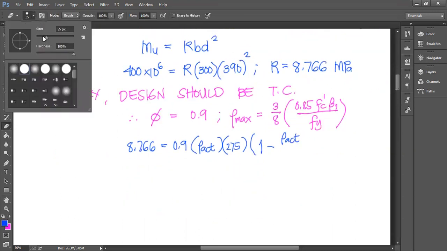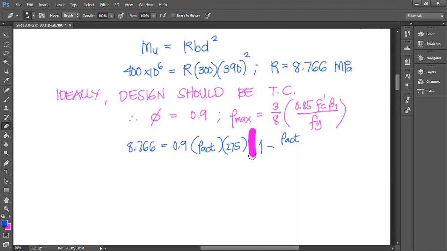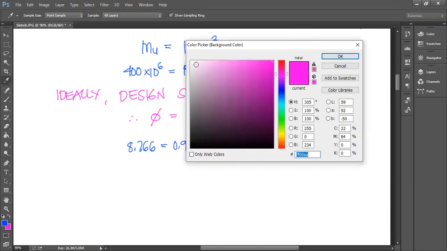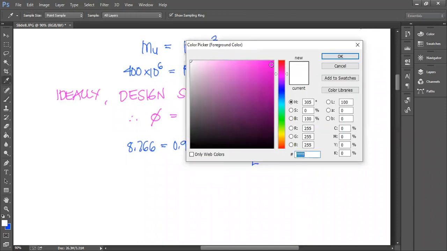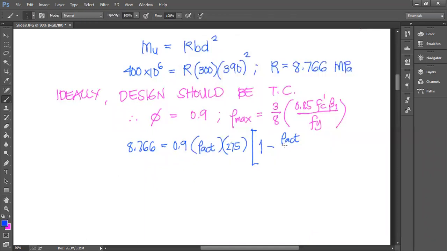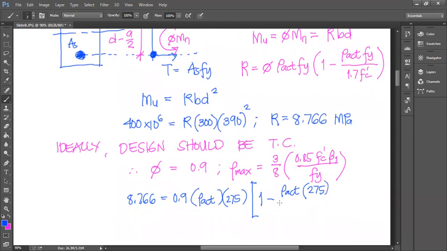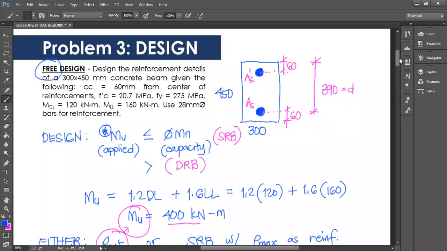Baka sabihin, hindi ako marunong mag-grouping symbol.